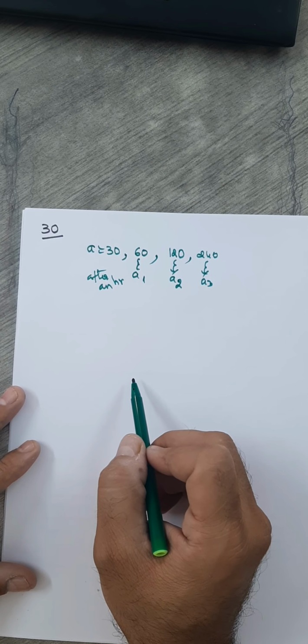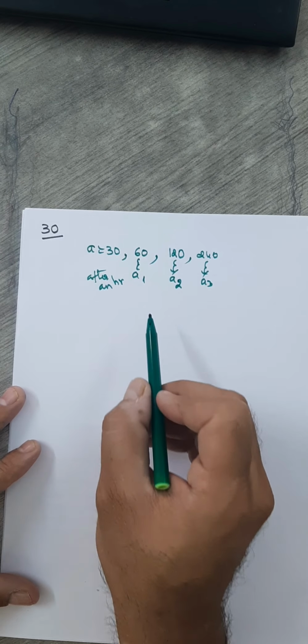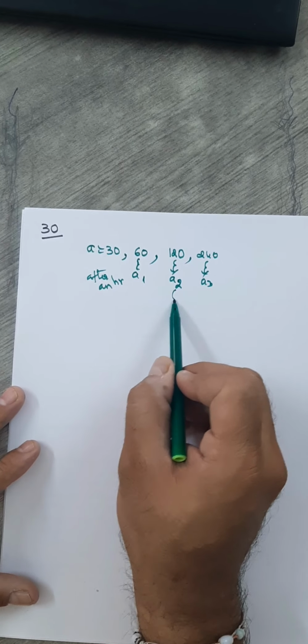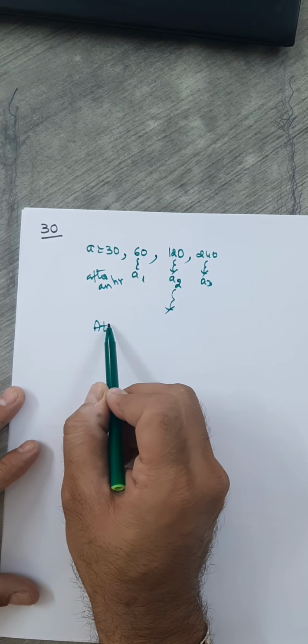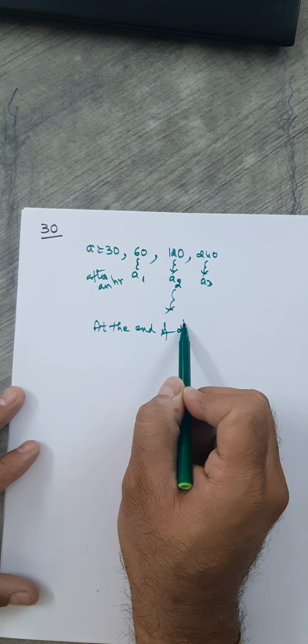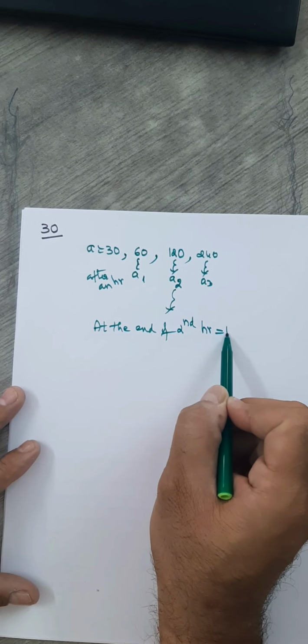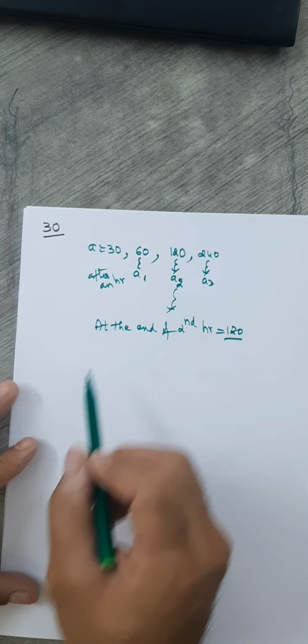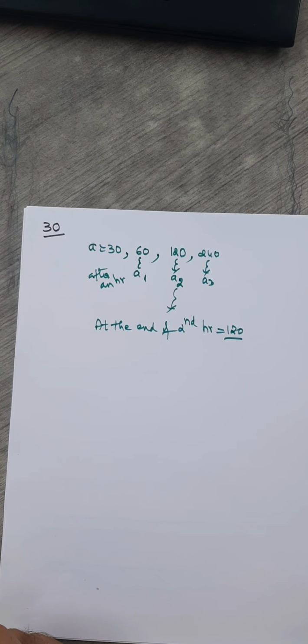Okay. Now what is asked? At the end of the second hour. At the end of the second hour means this much. Right. So at the end of the second hour, which is how much? 120. You can see this is a geometric progression. You might have noticed the ratio is 2.